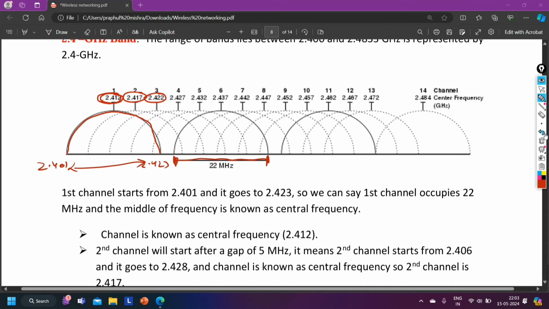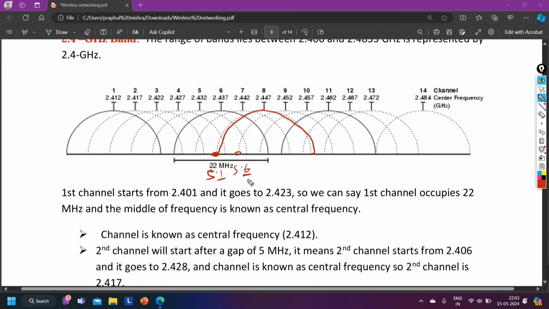Let's say this is channel number 8. If this frequency is starting from, let's say, 5.1, then the next frequency will start from 5.6, after a gap of 5 megahertz, right?